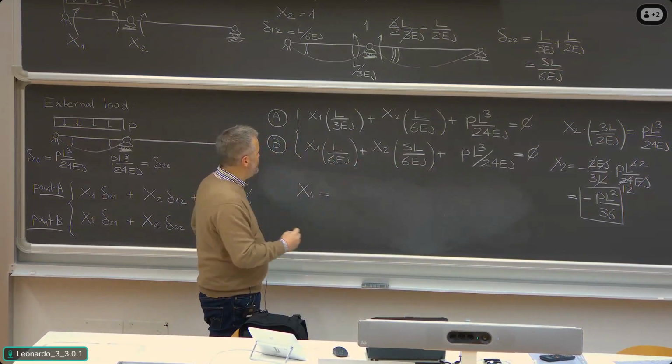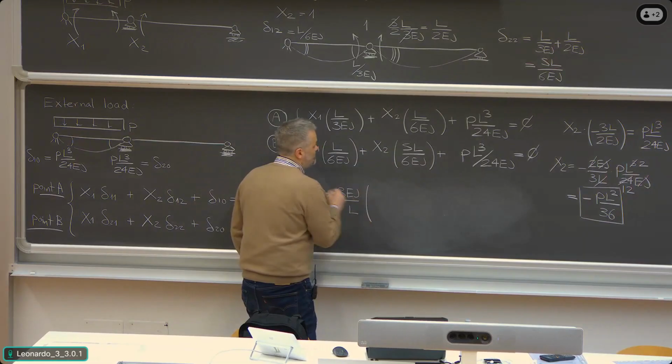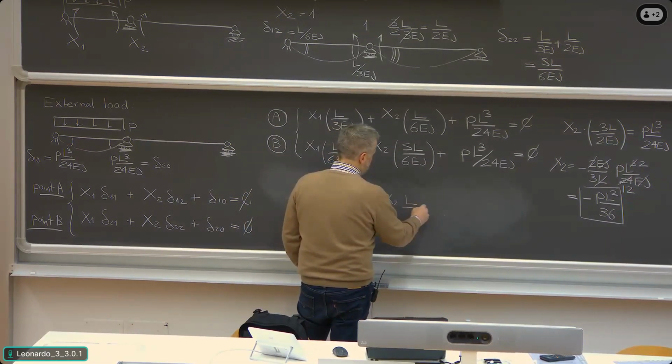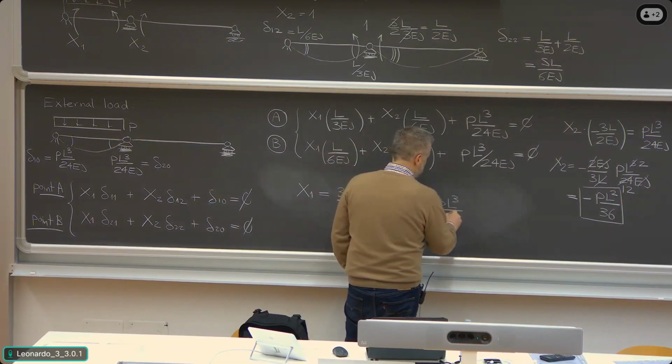By reverting everything, 3EJ over L multiplied by minus x2 times L divided by 6EJ minus PL to the power of 3 divided by 24EJ.